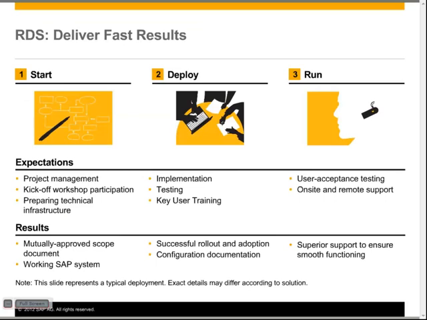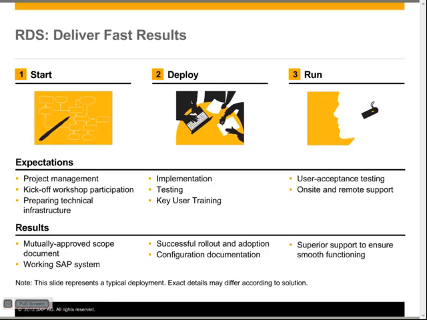Let's look a little bit at populating HANA with data with an RDS. We said that HANA doesn't come with delivered content, and this is one of the reasons why SAP have provided these RDS. It's a rapid deployment solution, and it delivers easy-to-deploy solutions with clear scope, predictable costs, timelines, and outcomes that you can trust.